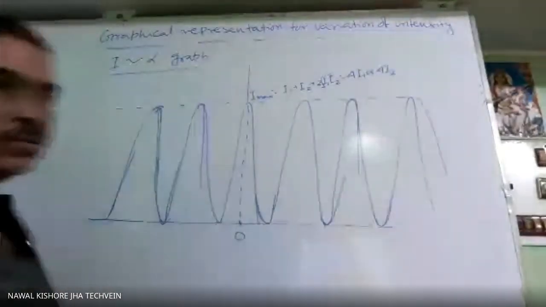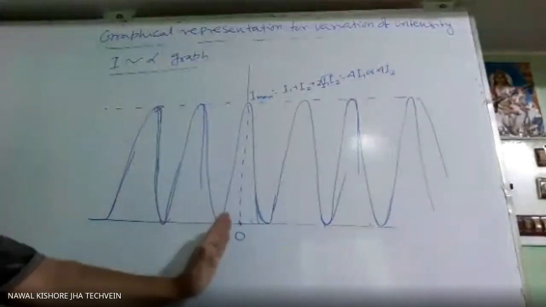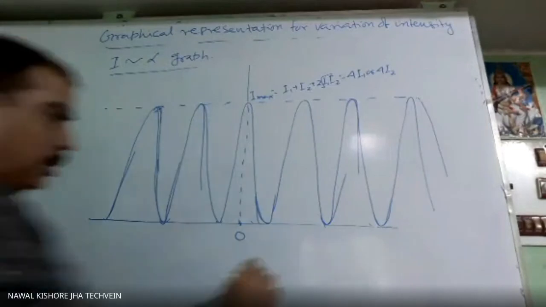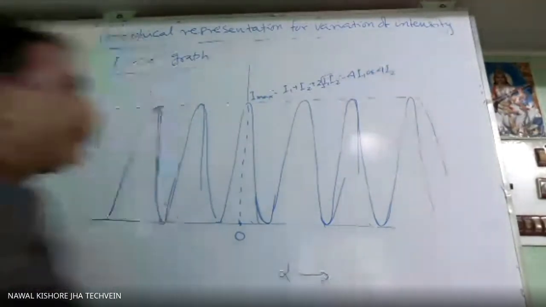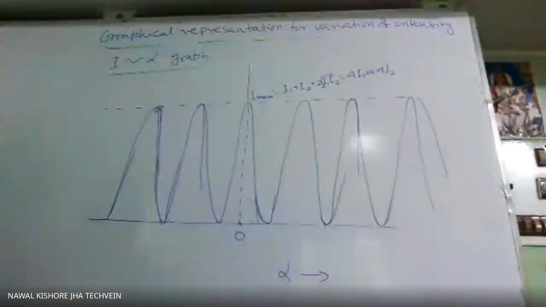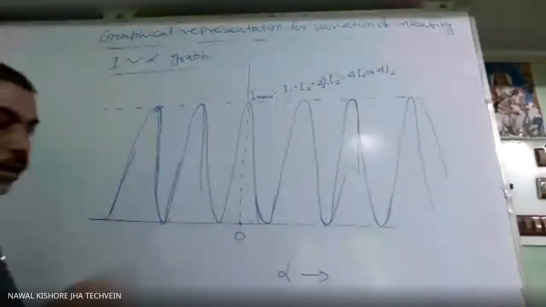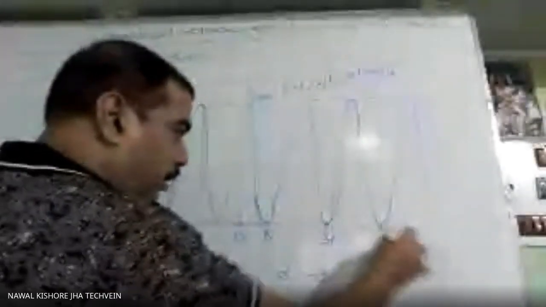Imin is 0. Now this is a central fringe, suppose. So here alpha is 0. At 0, intensity is maximum. Now for what value of alpha will we get 0? This is pi, 3 pi, 5 pi, like that will come.